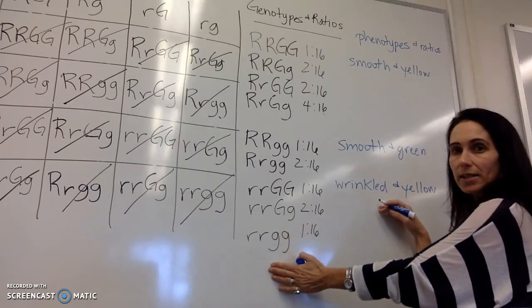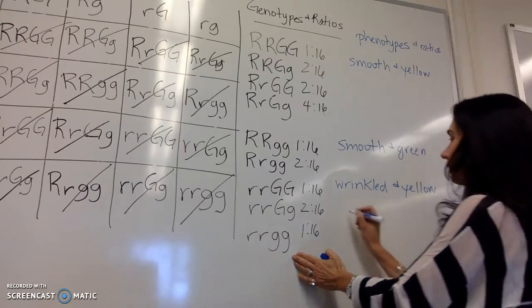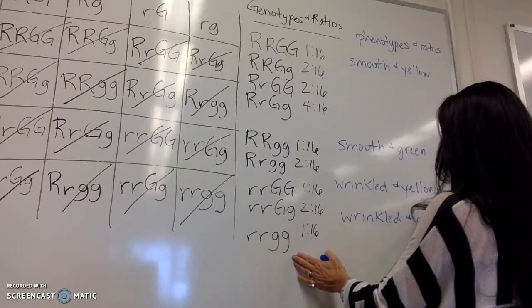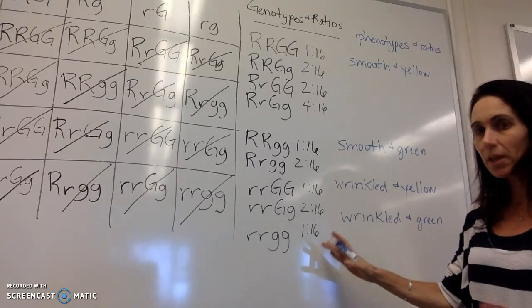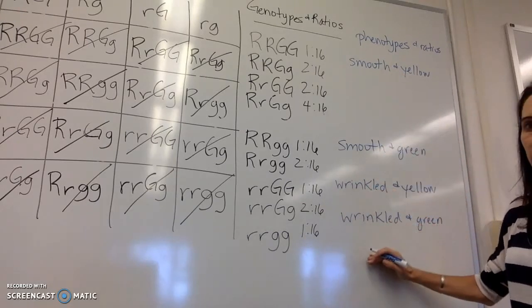And that brings us to the last one, which is wrinkled and green. So 9 different genotypes, but they only produce 4 different phenotypes.